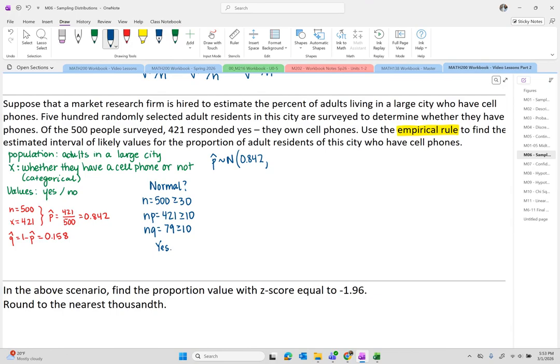And then for the standard deviation of P hat, we want the square root of P times Q divided by N. So this value is the square root of 0.842 times 0.158 and divide by 500, which is approximately equal to 0.0163.